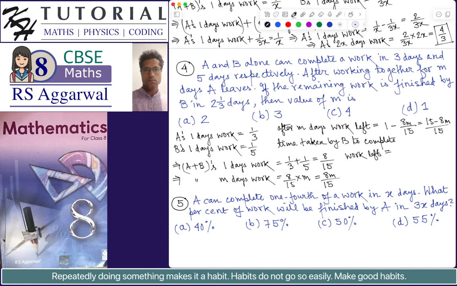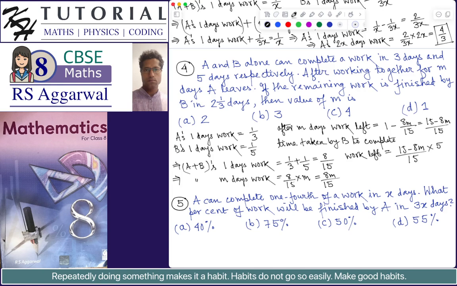So using the simple unitary method, the time taken by B to complete the work 15 minus 8m by 15 will be 15 minus 8m by 15 multiplied by 5.